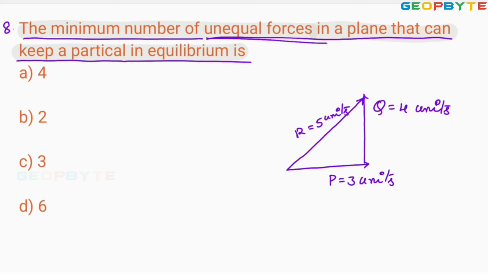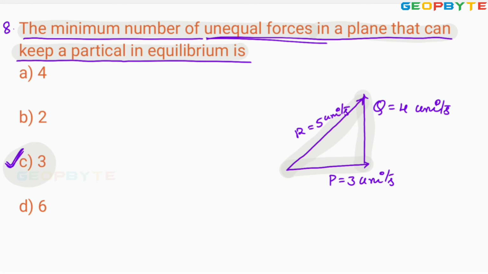So this is one force, other force and third force. These three forces are making the particle in equilibrium. Therefore, the minimum number of unequal forces required is 3. Therefore, option C is absolutely correct.